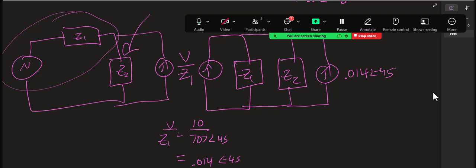The only thing I can do now is, I said before I don't want to transform Z2. But now I'm going to say it's okay to do simplification and do product over sum. Why would that be okay to do here when I said you don't want to transform it?